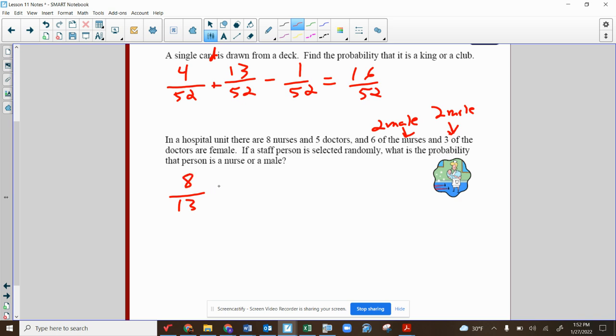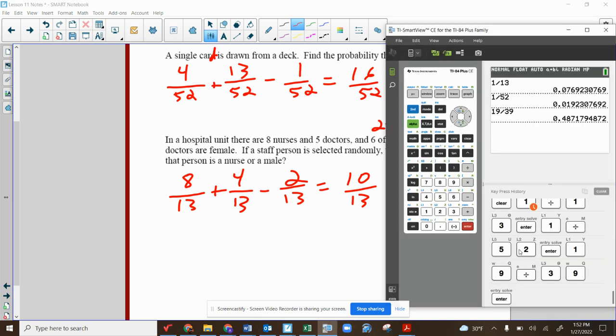For males, out of the 13, there are 4 of them. And then there are 2 male nurses. So 8 and 4 is 12, minus 2 is 10. So the probability of picking either a nurse or a male would be 10 out of 13, which as a percentage is 76.9%.